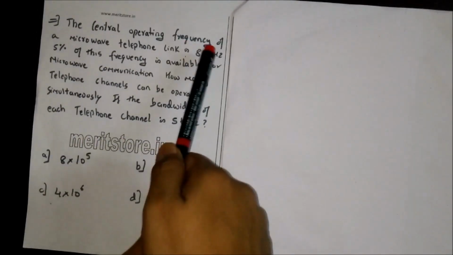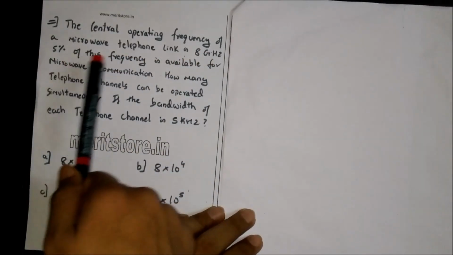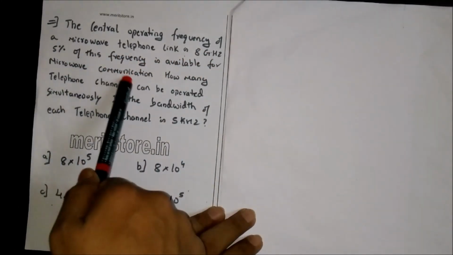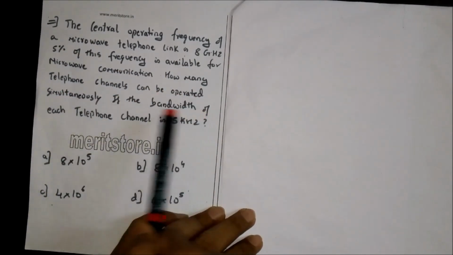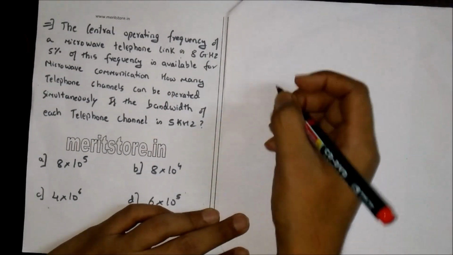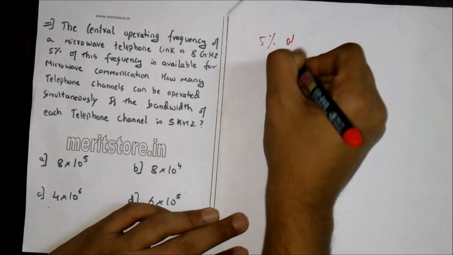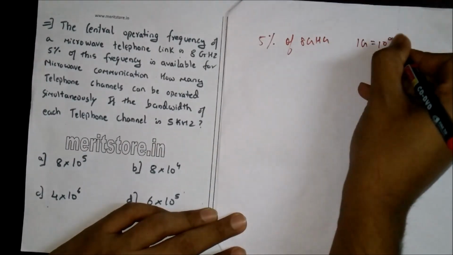The central operating frequency of a microwave telephone link is 8 GHz. 5% of this frequency is available for microwave communication. How many telephone channels can be operated simultaneously if the bandwidth of each telephone channel is 5 kHz? Now, the frequency available for microwave communication is 5% of 8 GHz. Now 1 gigahertz is equal to 10 raised to 9 hertz.